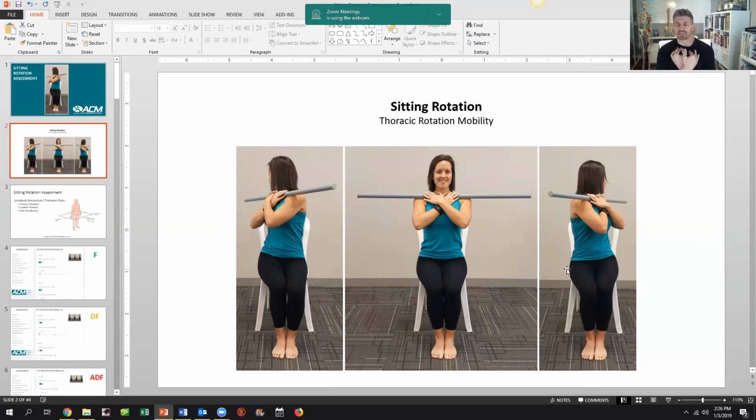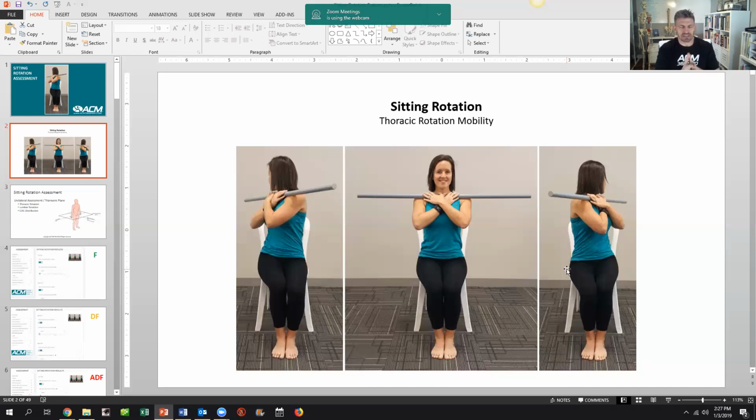You can use a dowel or a stick so you can get an idea what perpendicular is to start with. Then as you rotate, you're getting that assessment as to how far you're going right to left. And we're looking for symmetry, obviously right and left symmetry, as well as whether they are getting to that 45-degree angle. There are other studies out there using measurement devices to look at exactly how much rotation you get.